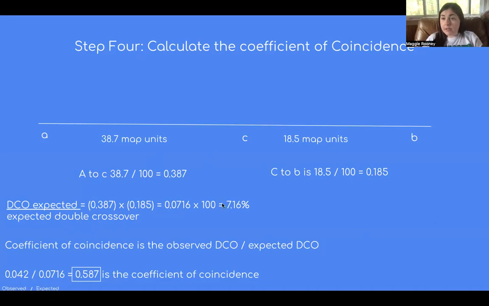We're going to turn that back into a decimal so it's nicer to look at. And our coefficient of coincidence is the observed double crossover divided by the expected double crossover. So we're going to plug those numbers in here to get 0.042 divided by 0.0716. To find our coefficient of coincidence is 0.587.